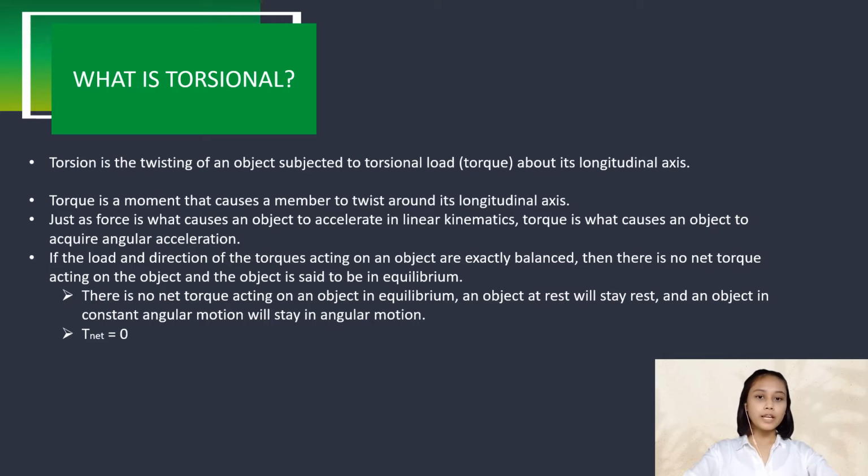If the loads and directions of the torques acting on an object are exactly balanced, then there is no net torque acting on the object and the object is said to be in equilibrium. There is no net torque acting on an object in equilibrium. An object at rest will stay at rest, and an object in constant angular motion will stay in angular motion.